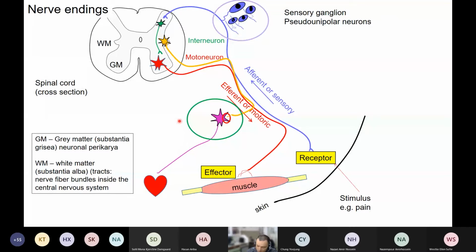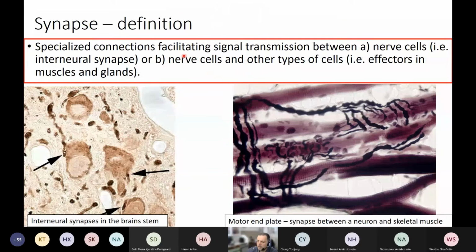But what I'm going to talk about today is the interneural synapse, so how nerve cells communicate with each other. And in this scheme already, we have multiple interneural synapses. If I want to define what a synapse is, it is not easy.